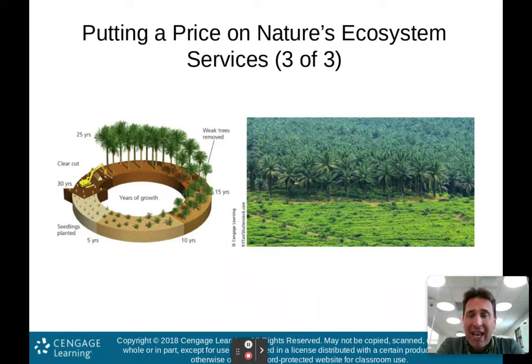Now, on one hand, you say, hey, that's not too bad, right? Because at least they're planting trees. We're not dealing with totally exposed land. However, when you just have one type of tree, that destroys your biodiversity, because certain organisms may not be able to live within oil palm trees, and therefore they will not be able to live here. Certain creatures can, they'll live here, but again, you're decreasing the biodiversity by creating these monocultures.